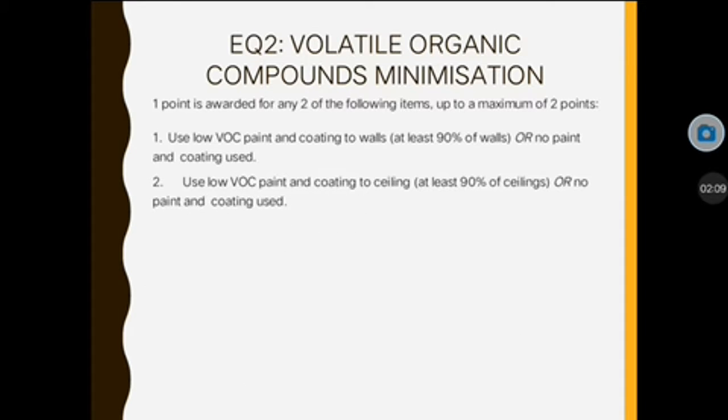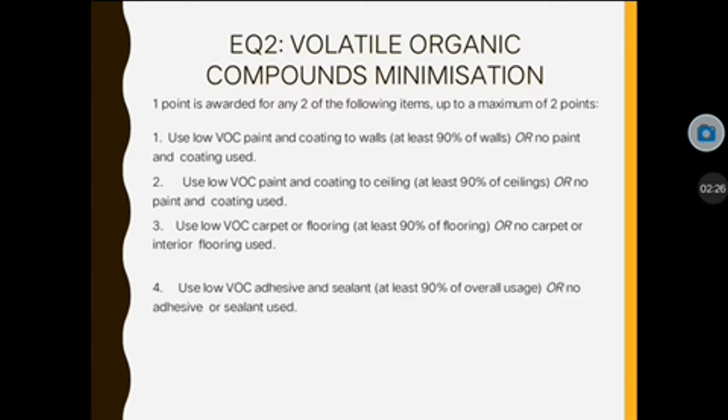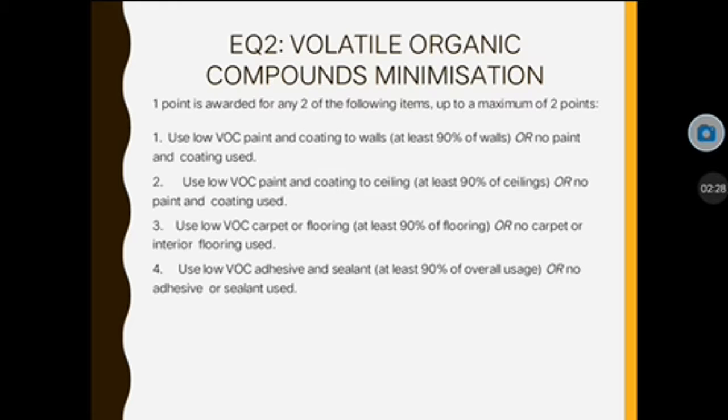Then, use low VOC paint and coating on ceilings, at least 90% of ceilings, or no paint and coating used. Then, use low VOC carpet or flooring, at least 90% of flooring, or no carpet or interior flooring used. And lastly, use low VOC adhesive and sealant, at least 90% of overall usage, or no adhesive or sealant used.